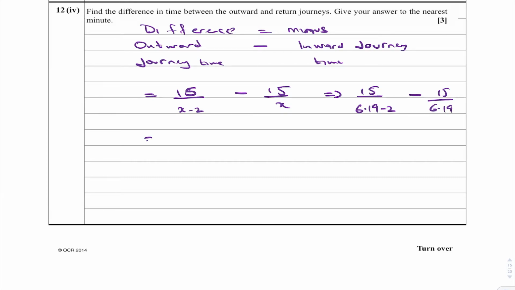And that gives us 15 over 4.19 minus 15 over 6.19, and that equals 3.58 minus 2.42.